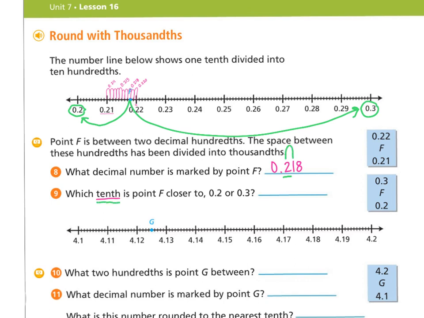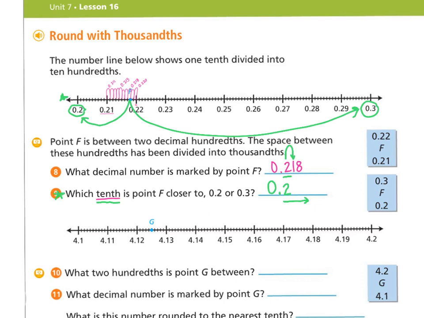Look next door. If it's 5 or greater, add 1 more. 1 is not 5 or greater. If it's 4 or less, let it rest. So everything on the left stays the same. Everything on the right is eliminated. So we have 2 tenths. We got that on both our number line and using our rounding.